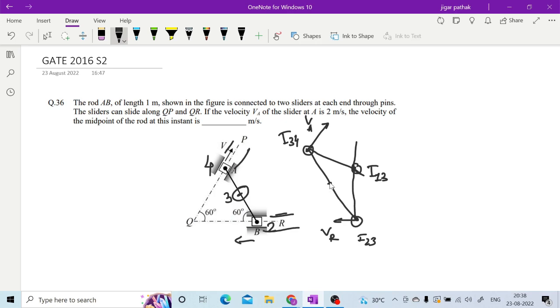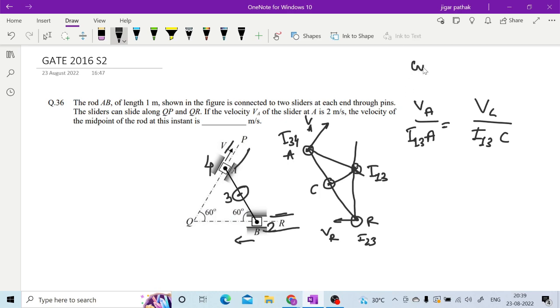So you can call this point C. To calculate the velocity of C, you can use the angular velocity theorem, which says VA upon I13A is equal to VC upon I13C, because this is the same link rotating about the instantaneous center of rotation I13. So the velocity of A is this linear velocity, I13A is the distance, and I13C is also a distance.